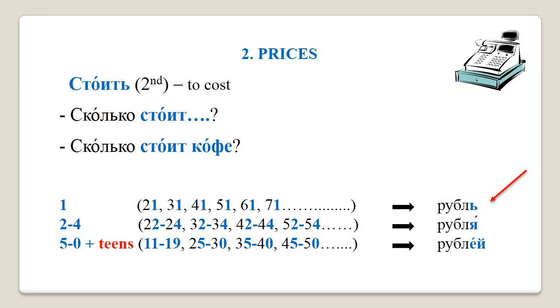If the number is 2, 3, 4, or ends in 2, 3, or 4, we're going to say рубля. For any other numbers between 5 and the next 0, including the teen numbers, we're going to say рублей. Remember that regardless of how big or small the number or the price is, even if it's millions or billions, it is the very last digit that affects the choice of the correct word that goes with it.